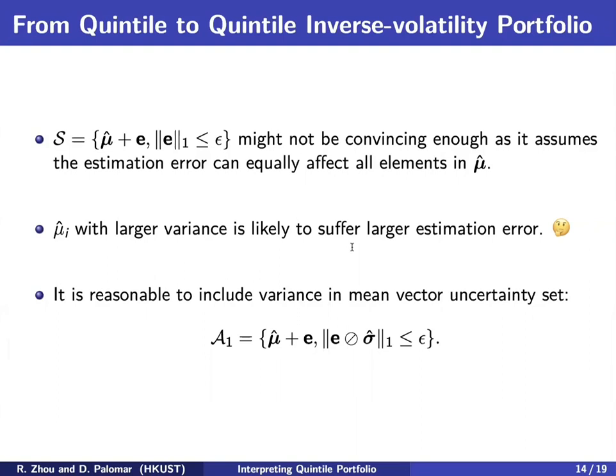Therefore, it might be more reasonable to include the variance in the mean vector uncertainty set. So here is the proposed variance-adjusted uncertainty set. This symbol means element-wise division.